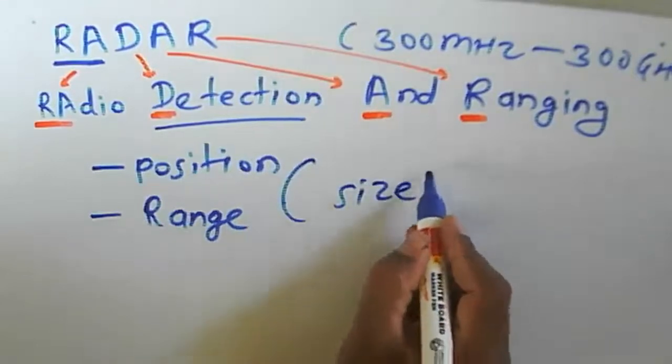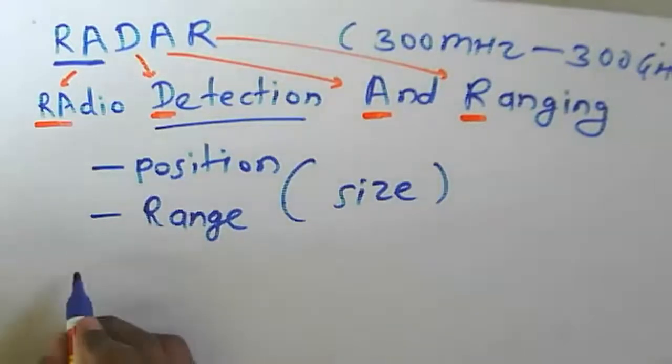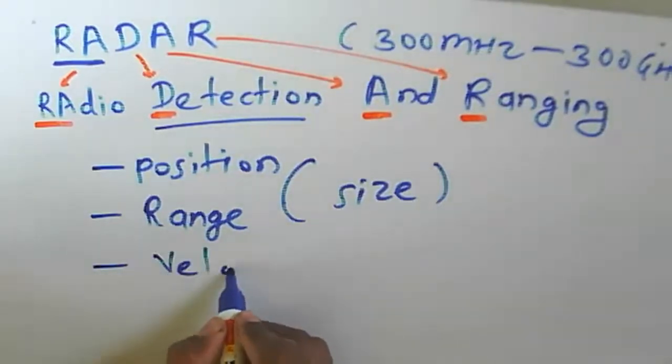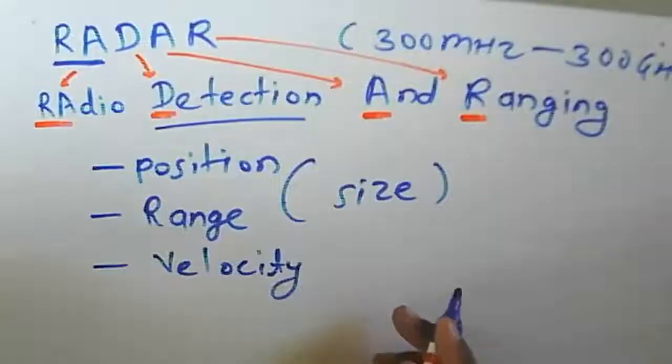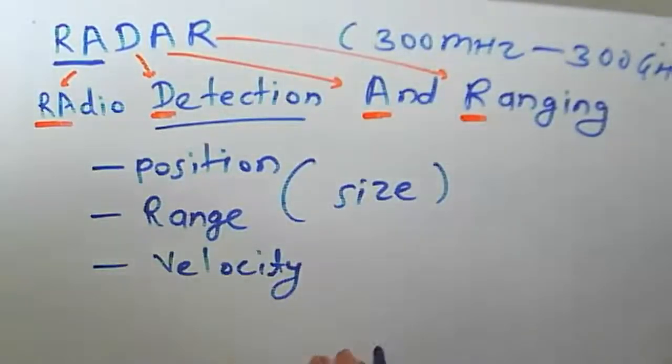Along with that, we can find out the size of the object. And then we can find out the velocity of the object, whether the object is coming nearer to the transmitter or going away from the transmitter.